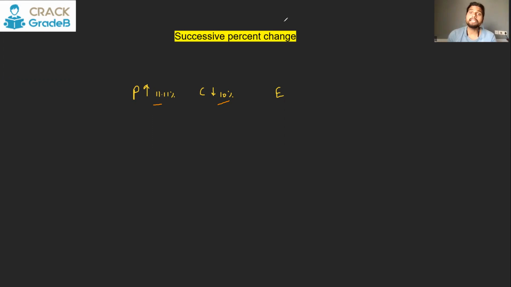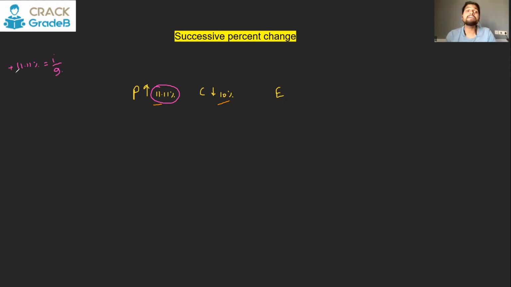But if you realize the fraction values of these numbers, like 11.11%, the fraction value is 1 by 10. That means... sorry, my mistake. It is not 1 by 10, it is 1 by 9. That means there is a change of 1 on 9. This is how you read it.